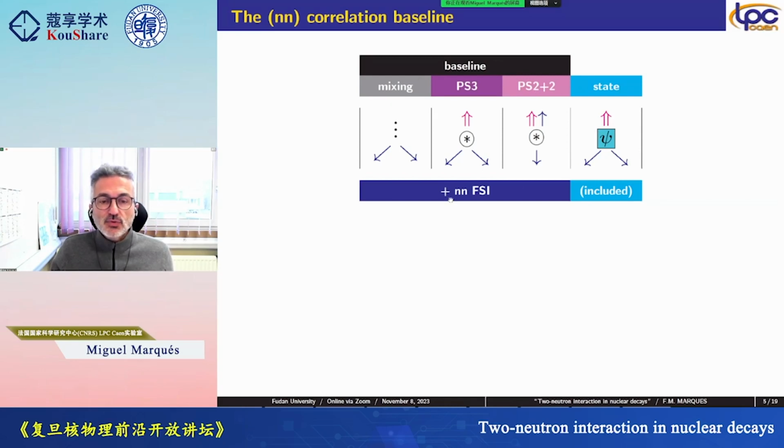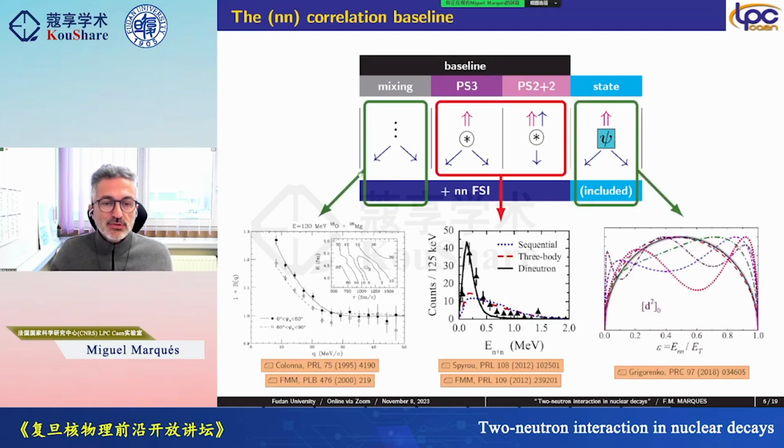Then in these 3 cases, this is the baseline, and you have to add to this baseline the neutron-neutron final state interaction. In the microscopic calculation case, it already has the neutron-neutron interaction built in. And these are some examples. In the event mixing case, you have, for example, one heavy ion collision where they measure the correlation function of neutrons using this event mixing technique.